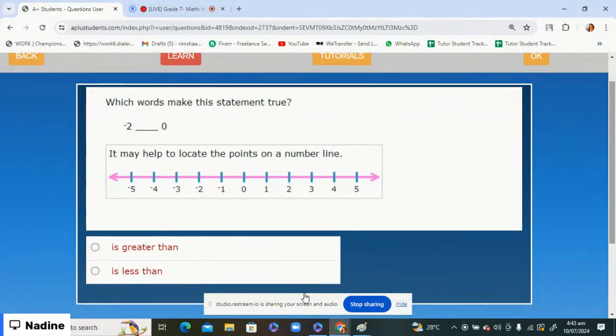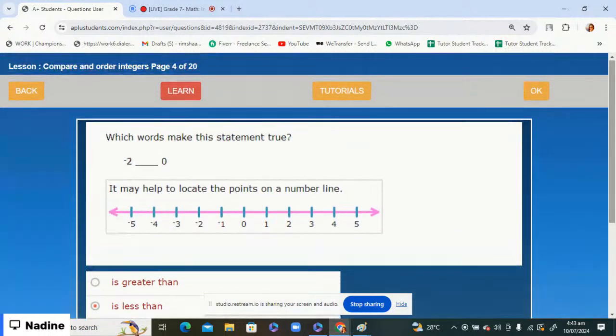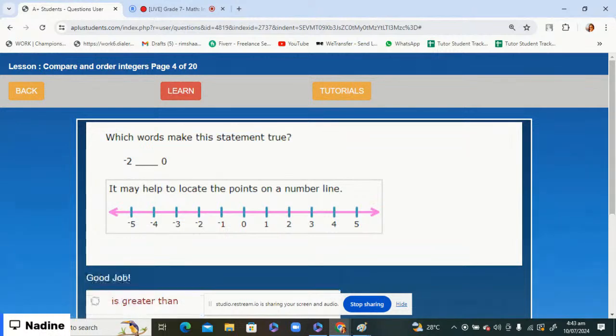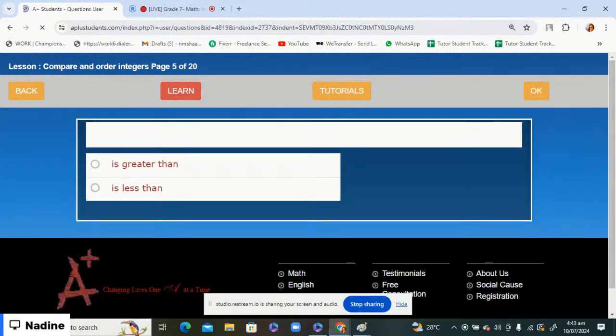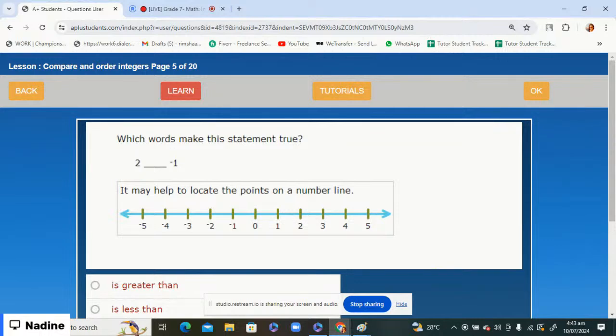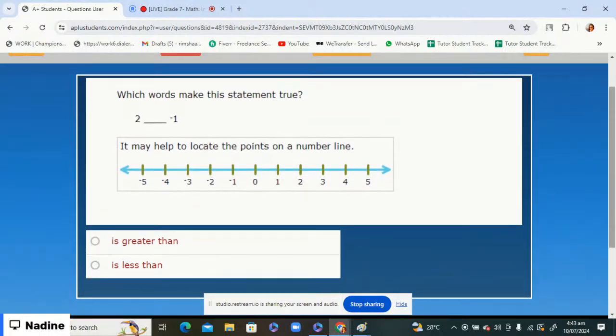The number on the right side is greater. Let's check, is it right? Yeah, this is right. Next, 2 and minus 1. Obviously 2 is greater, because of the number, and second, because of the sign. So 2 is greater than minus 1.